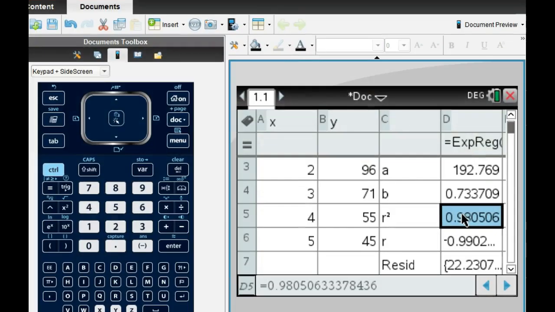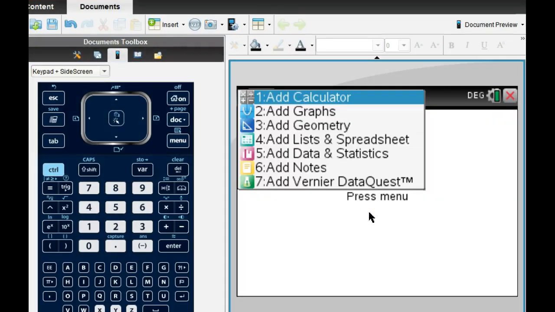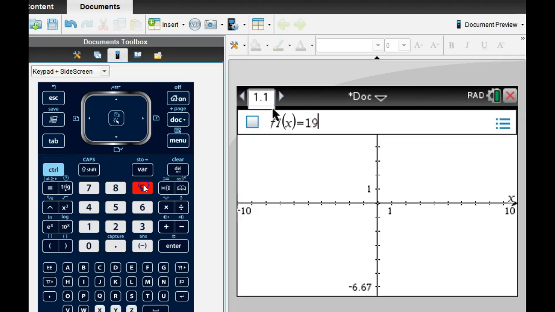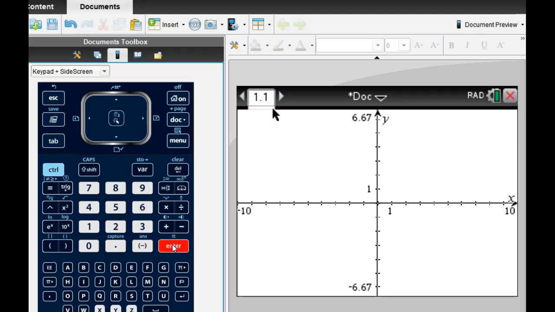Let's do the graphing way. So I'm going to go to a new document, add graph. My graph was 192.77 times 0.73 to the power of x. I hit enter. Can't really see the graph.